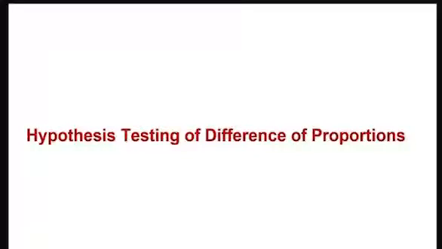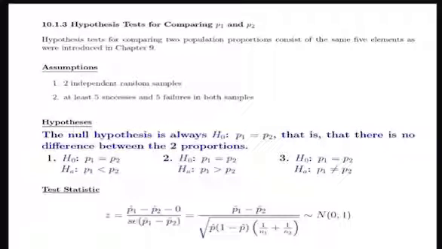Okay, so hypothesis testing of difference of proportion. I told you, when we have 2 populations, we want to compare proportions in 2 populations. The nature of the alternative can be less than, greater than, or not equal.